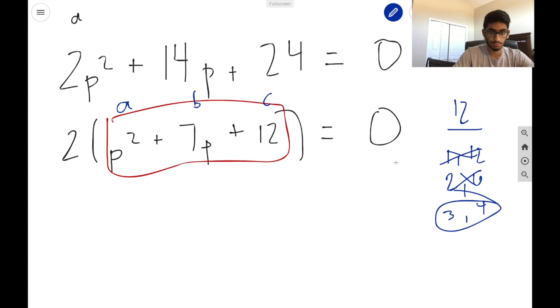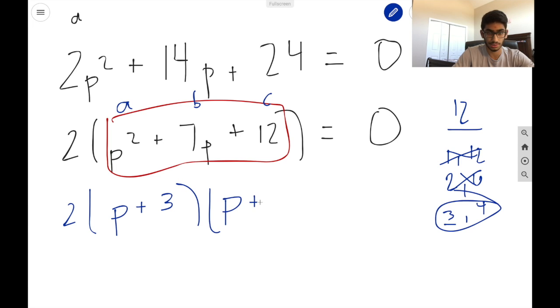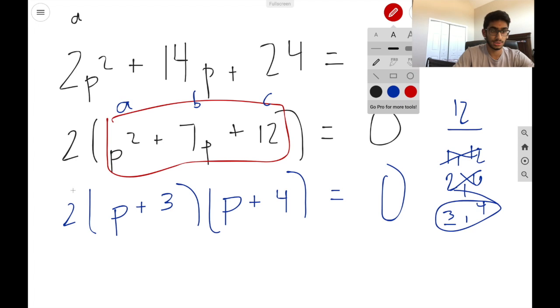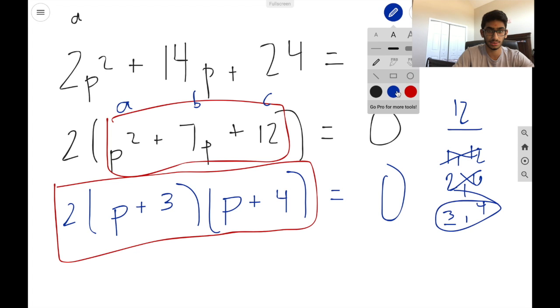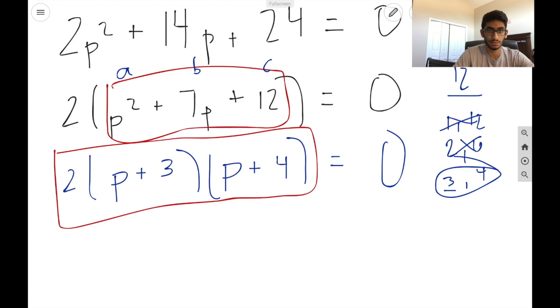So then we can just put it in our factors. We have 2 times the bracket p plus 3, which is our first factor, and another bracket, p plus 4, which is our other factor. This is our factored form. If it says to solve, we just set the brackets to 0.